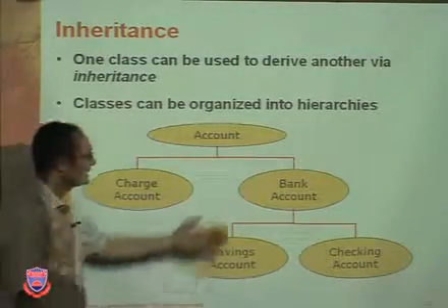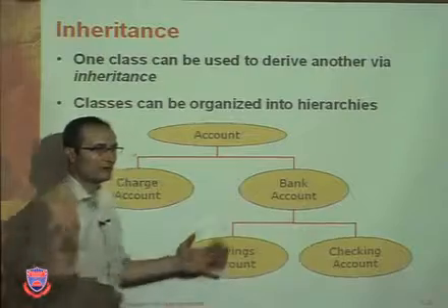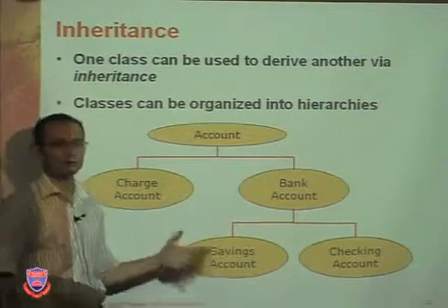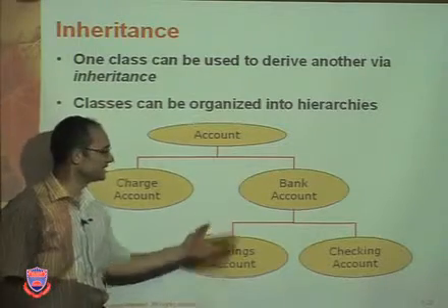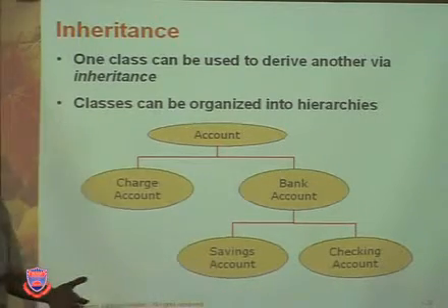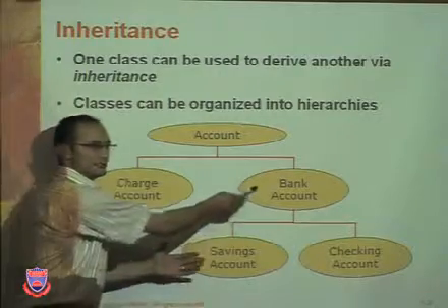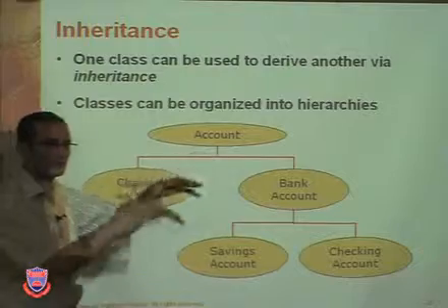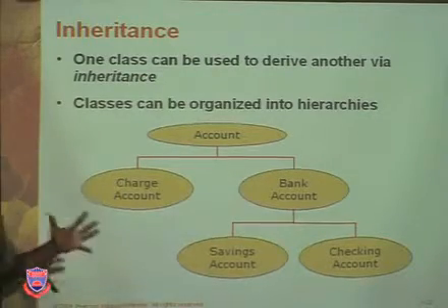So for example, savings account will have all the details of a bank account. On top of that, it will have certain other properties. For example, since this is a savings account, it may have an interest rate, which does not exist in the bank account. So you can think of this hierarchy as you enlarge it.